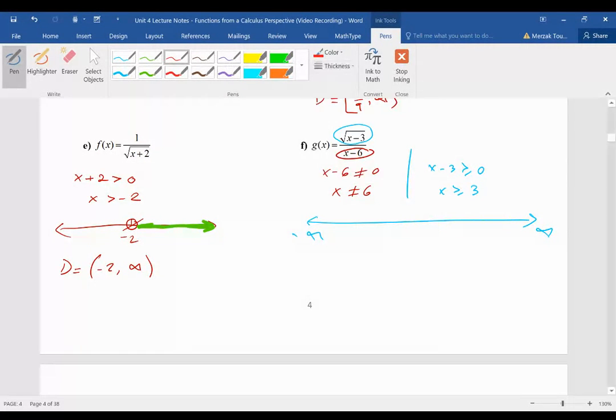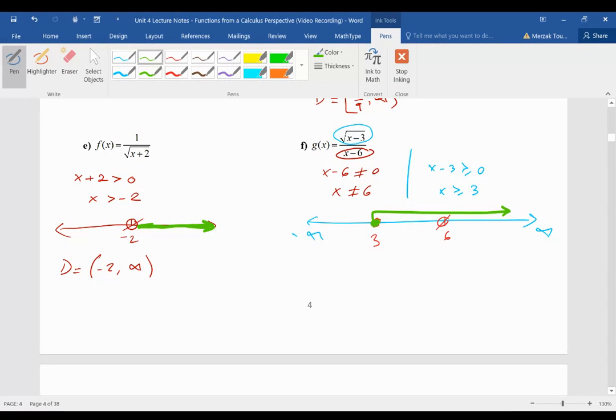First thing is 6 cannot be a value of the domain. And the other thing is x has to be greater than or equal to 3. So 3 is somewhere here. We do include the 3. We include everything greater than 3. Actually, not everything. Everything except 6.